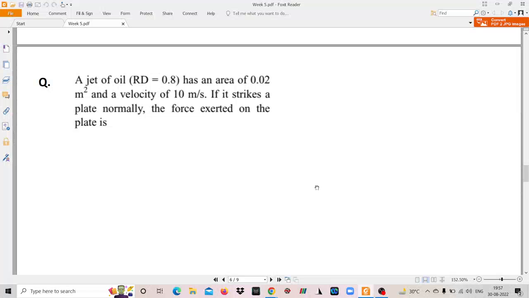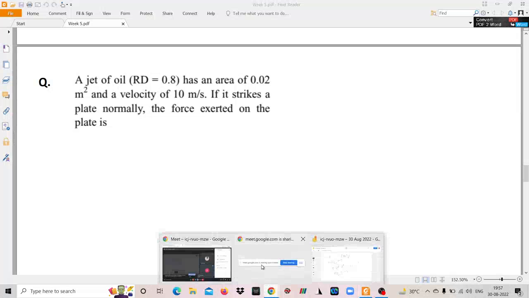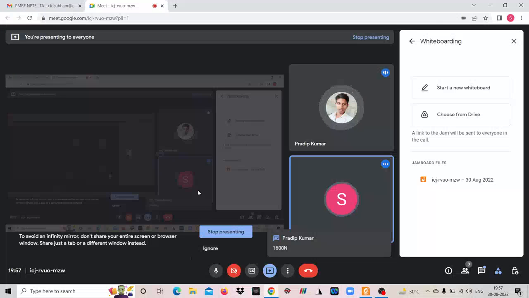You multiply area with velocity, that will give you discharge. Okay. Now force is basically what? Rho Q into V. Now the plate is held normally. It is a stationary plate. So basically rho Q into V will give you the force. Is it clear? Yes, sir. Yeah.